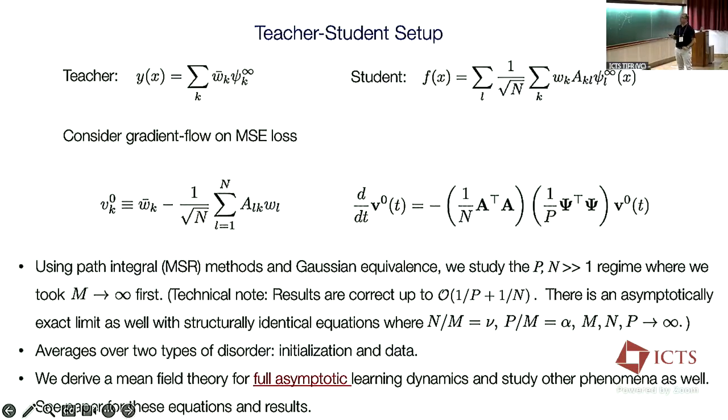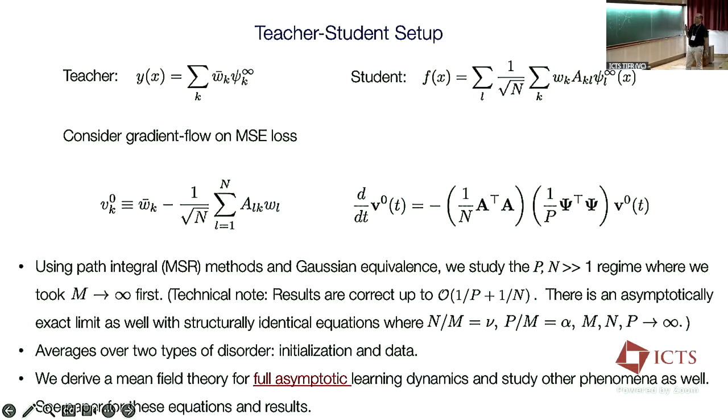I'll not present it this way. I'll assume that m went to infinity first, so this is already infinite dimensional, and p and n are large, and the results are correct up to 1 over p, 1 over n. Structurally, they are the same equations, so if you don't like p, you can plug in alpha. If you don't like n, you can plug in mu. Okay, good. So there's a full asymptotic theory that describes the dynamics, which I'm not going to show again.